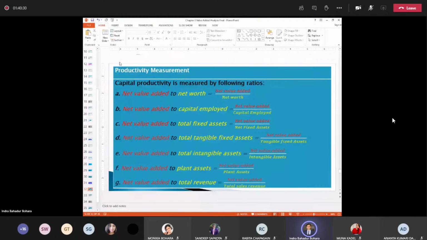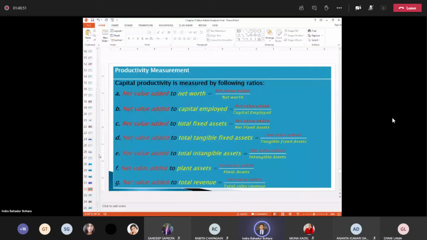In this way, the capital productivity ratio can be calculated. Suppose your company is a service rendering company like consultancy, school, college, hospital, and they do not have sales revenue, they have service revenue.